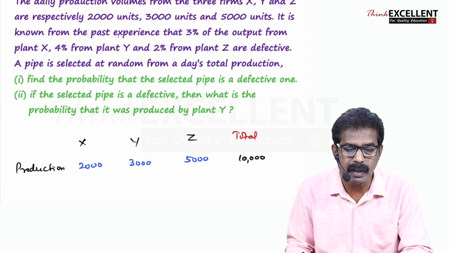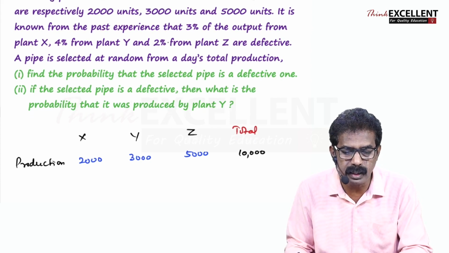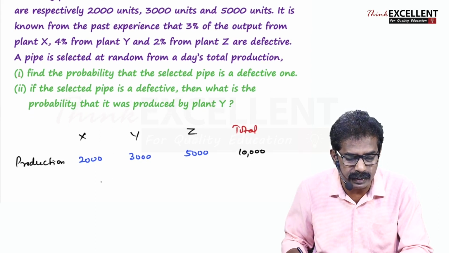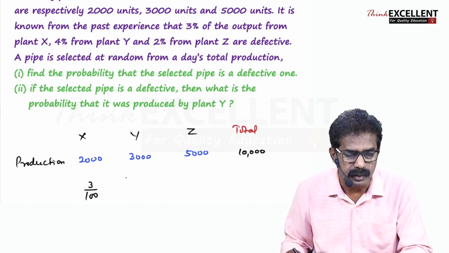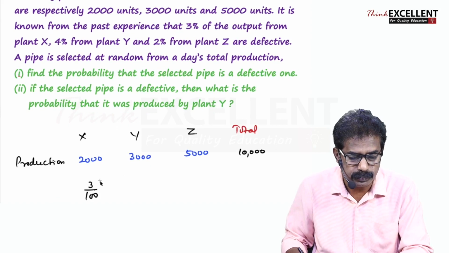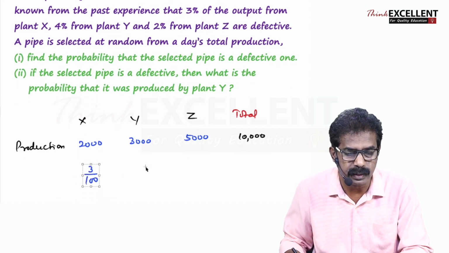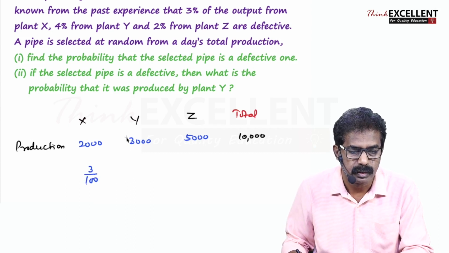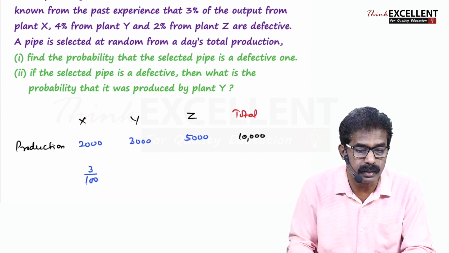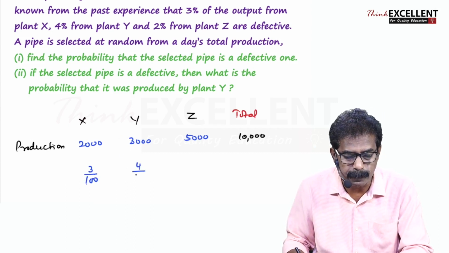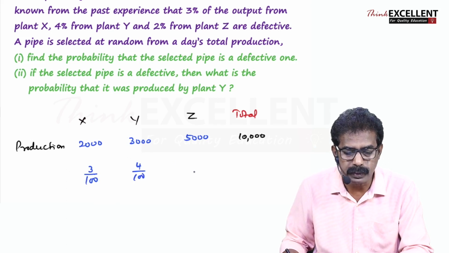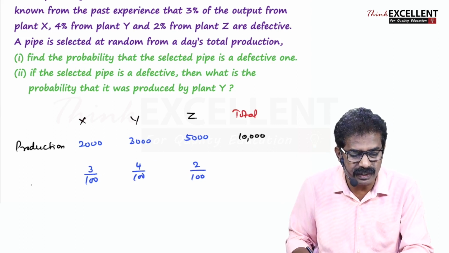It is known from past experience that 3% of the output from plant X, 3 by 100, 4% from plant Y, 4 by 100, and 2% from plant Z are defective.